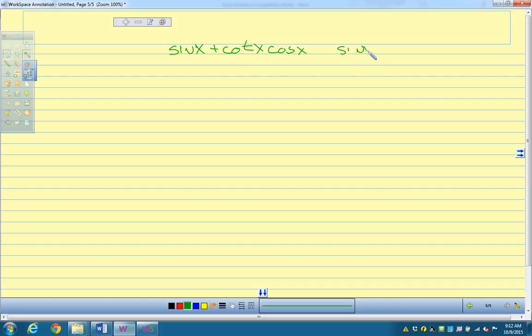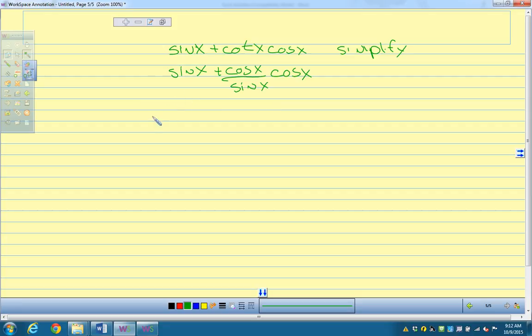We've already done stuff kind of like this, but I just want to show you one thing. Okay? If I saw something like this, probably my first inclination would be to write everything in terms of sines and cosines. So you could write cotangent of x as cosine over sine times cosine of x.